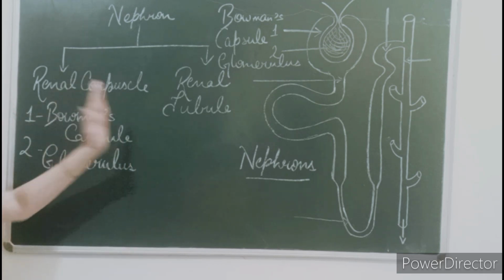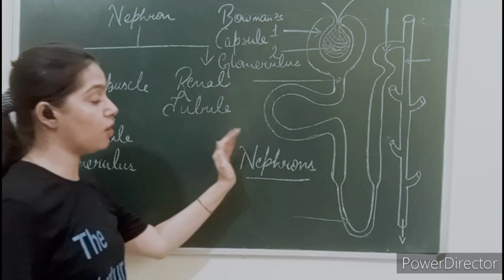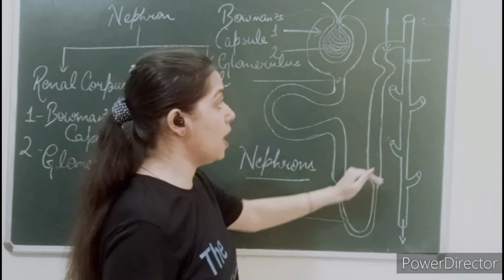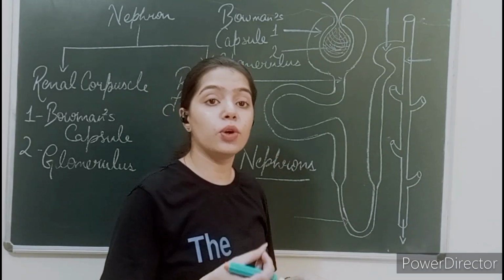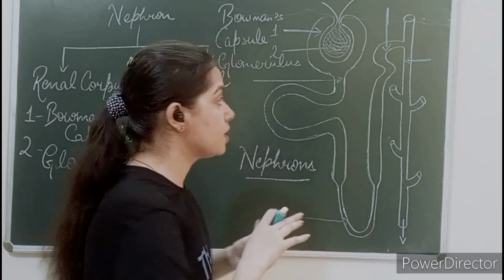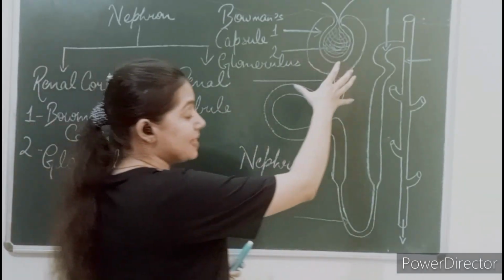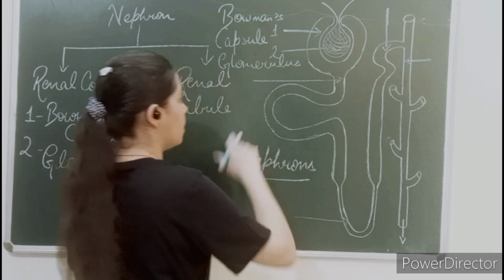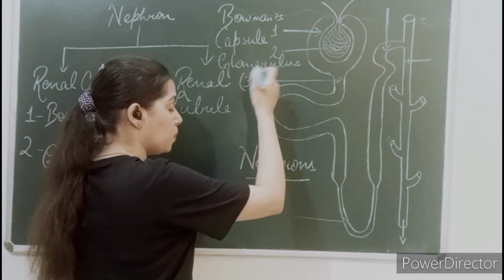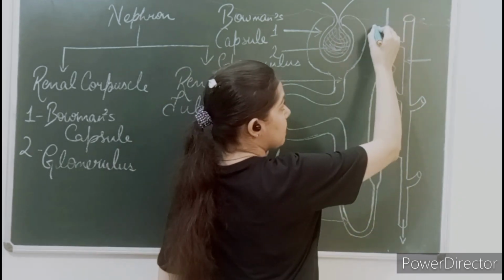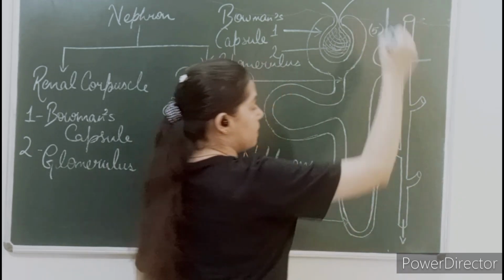The next structure in which we have divided the nephron is this convoluted tube-like structure, which we call the renal tubule. This renal tubule has three important divisions. The third part is the coiled and twisted part of this tube. The fourth one, and this part is the fifth one.